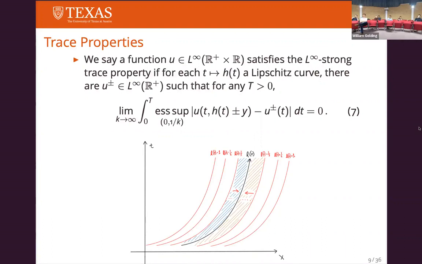And so the formal way of saying this is, let me translate the curve a whole bunch. So this is adding this y here, translate the curve, and then this generates a whole area. And over that area, I take some norm, here it's L1 in time, L infinity in space, over that region, and as the region converges to 0, I should get some meaningful answer.